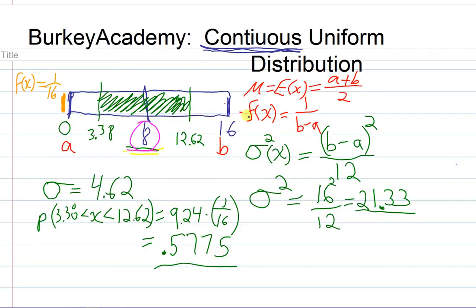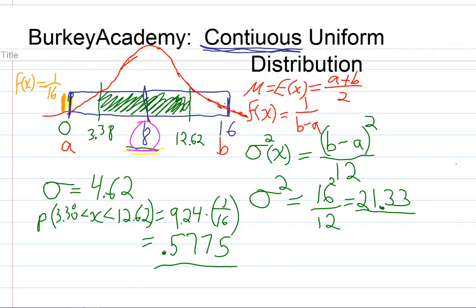Technically, a bell-shaped distribution keeps going on to positive infinity and down to negative infinity, but the majority of the area would be in here. And you see the difference in shape: a bell-shaped distribution has a lot of area in the middle and not as much on the ends.